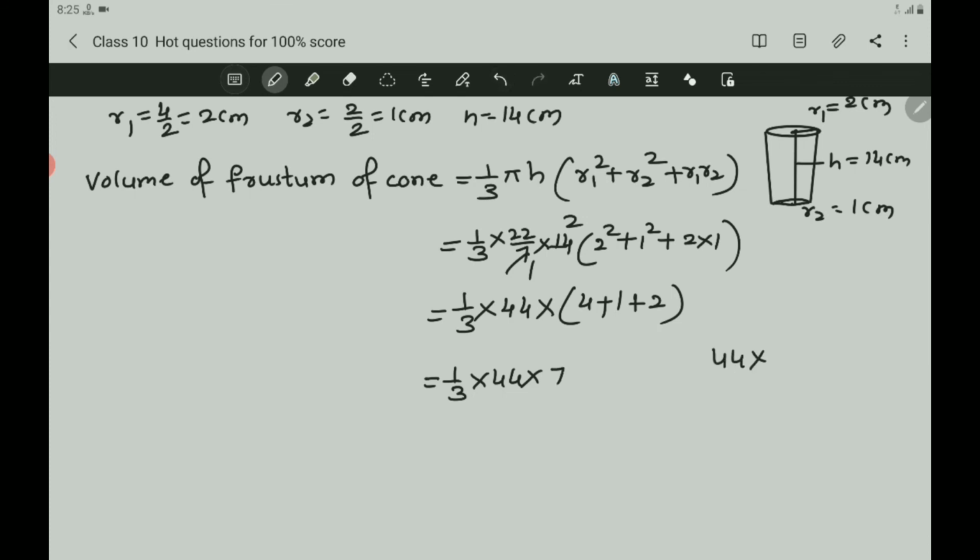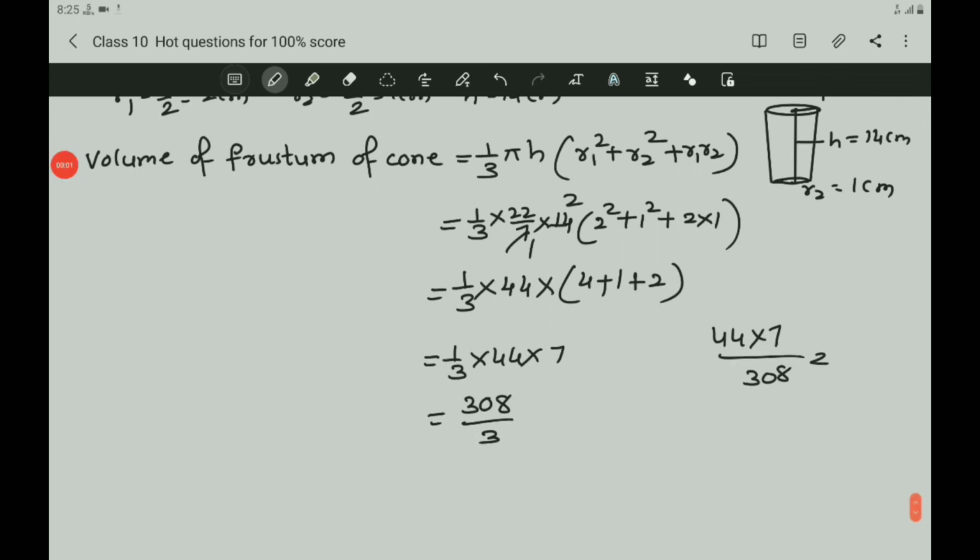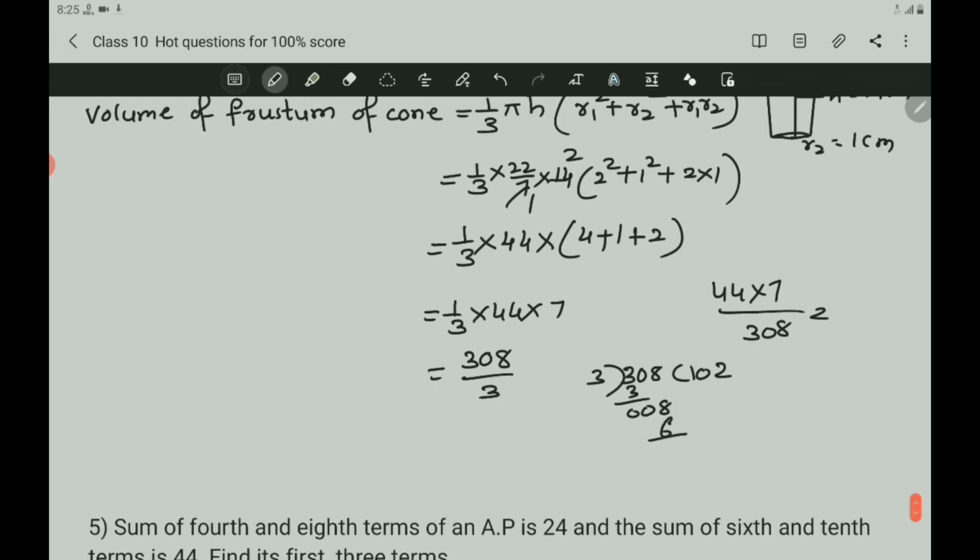Then 44 into 7, 7 fours are 28, plus 2, 30. So you'll get 308 by 3. You can divide 308 by 3.